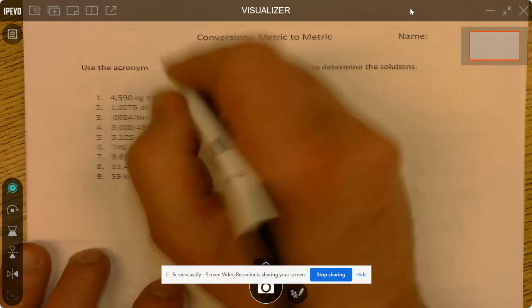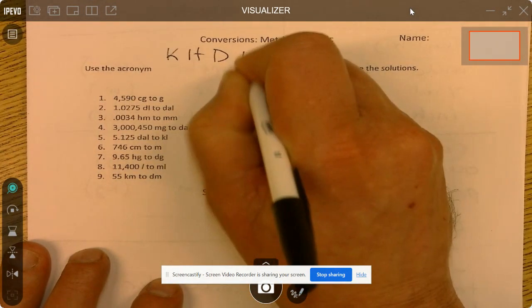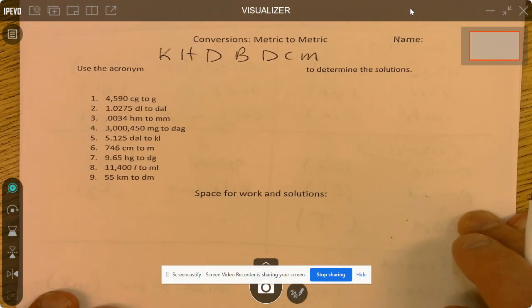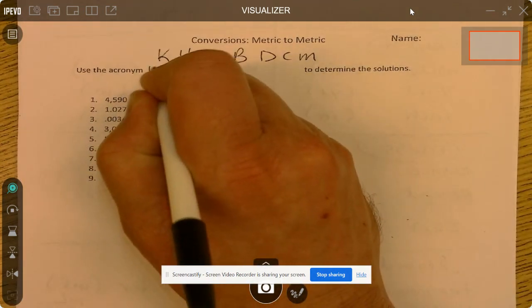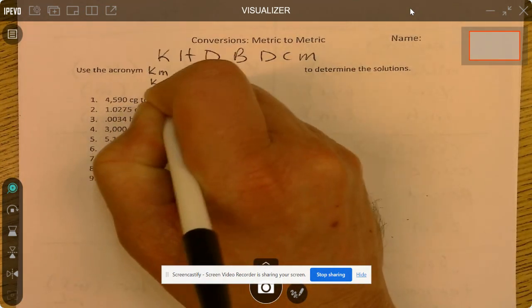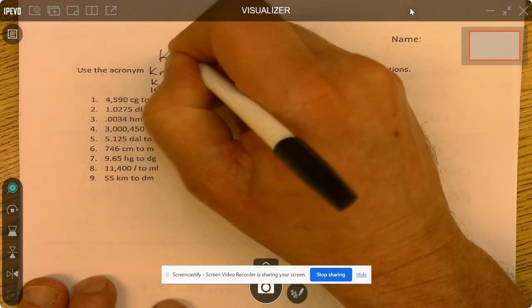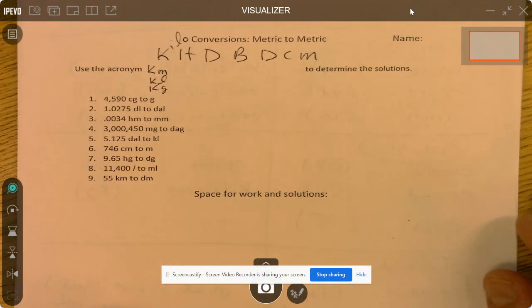So I'm going to write down an acronym here. And the letters are in order, K, H, D, B, D, C, M. And K stands for kilometer or kiloliter or kilogram. K is our kilo, our abbreviation, our prefix. Okay.